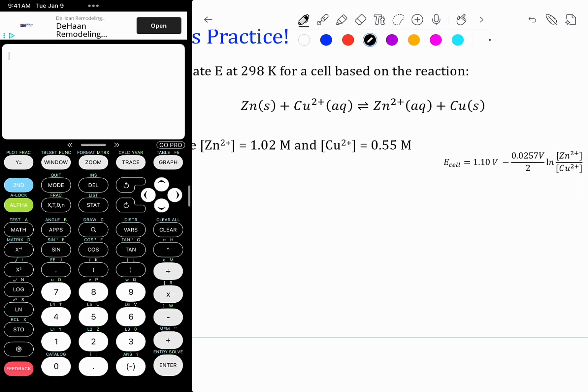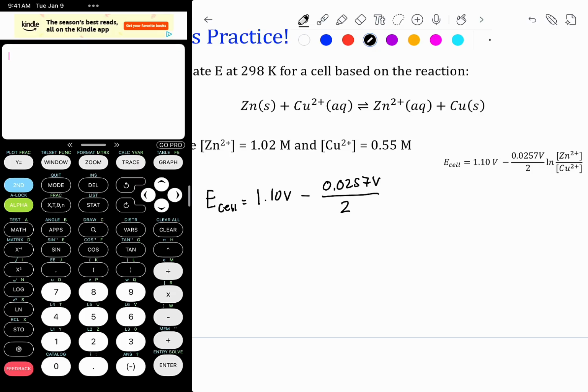So again, I have my same equation here. E cell is equal to that 1.10 volts. That's our E cell naught, our standard conditions. 0.0257 volts. That's our simplified version of all of our constants. And then we have our two electrons, 2 moles of electrons from our half reactions.